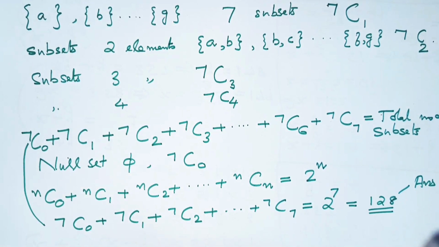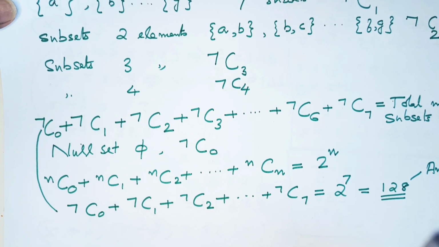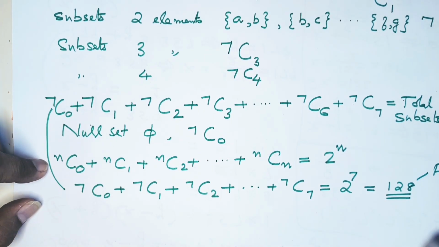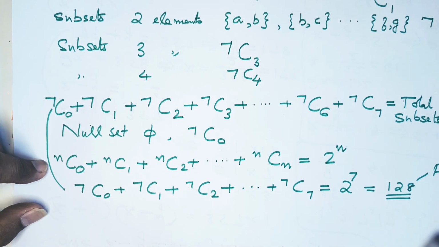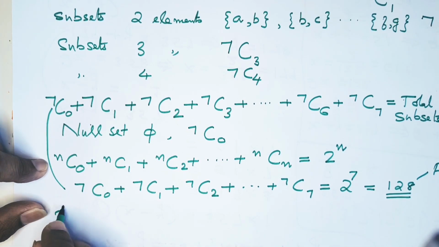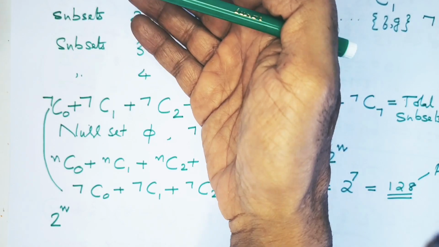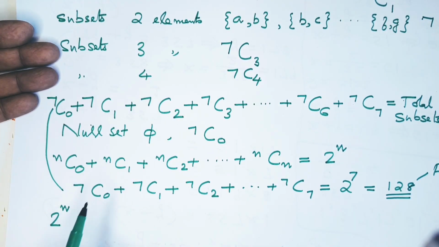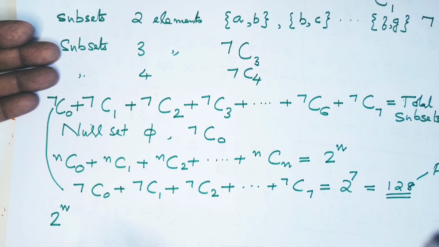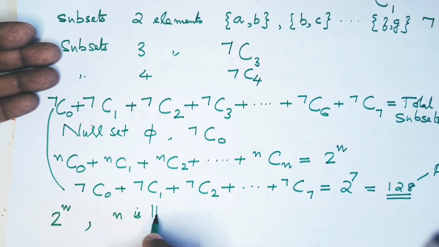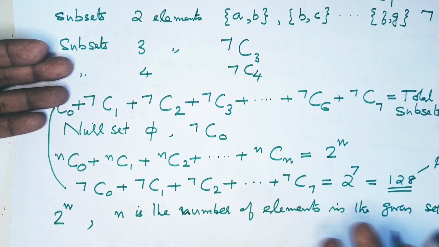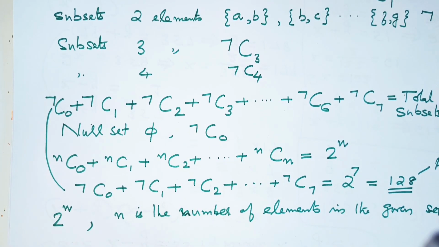You can generalize this idea. See, supposing a set has n elements, then what will be the total number of all the subsets you can form? 2 power n. You don't have to work it out through these different steps. If you know the number of elements in a set, the total number of subsets will be given by 2 power n, where n is the number of elements in the given set, which you can do in just a few seconds.